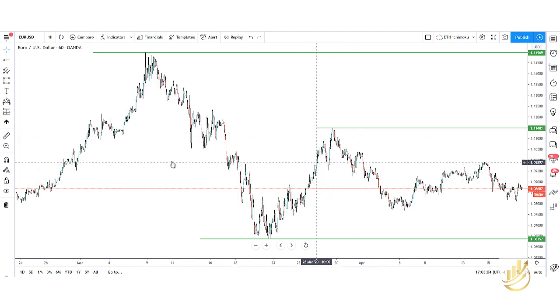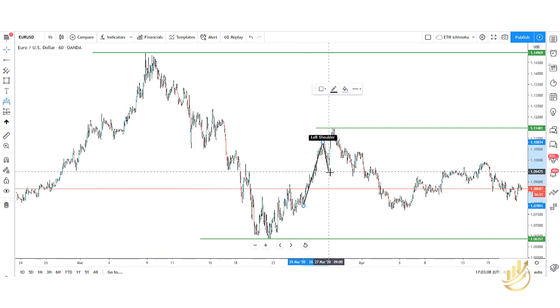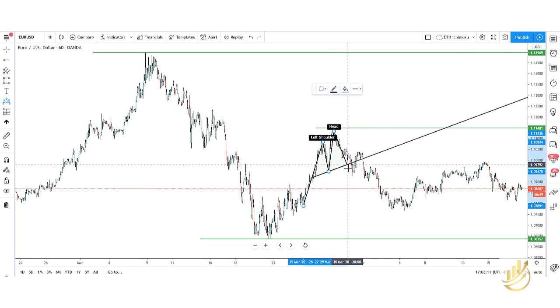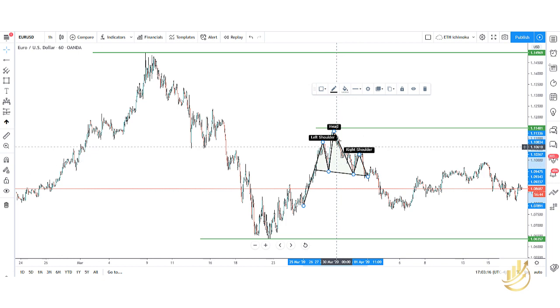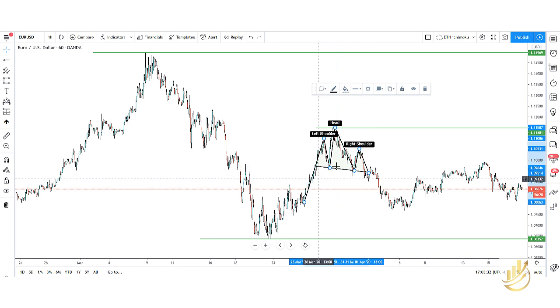Yeah, this looks like a head and shoulders. If I draw it properly, it might give me some insight. This is a kind of head and shoulders pattern, with a break of the trend line, then a retest. Not exactly the perfect head and shoulders pattern, but similar to that.